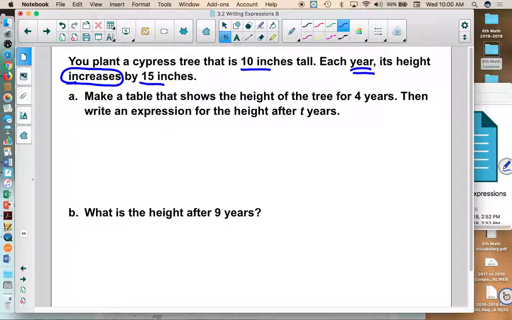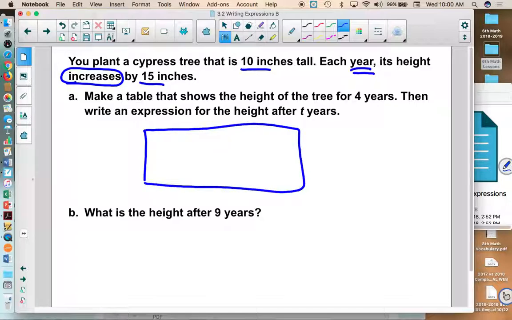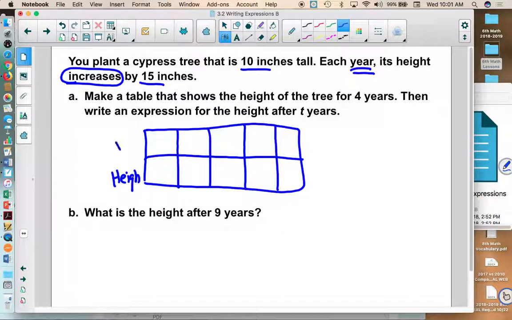Well, if I make a table, here's my table. Bad table, but we get it, right? Okay, and we know this is height, and this is the years, okay?